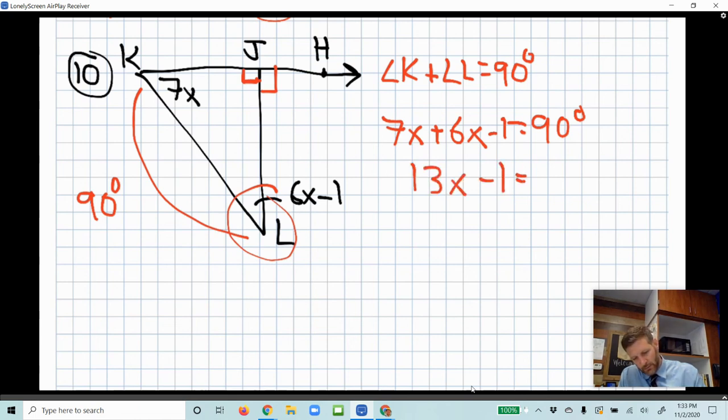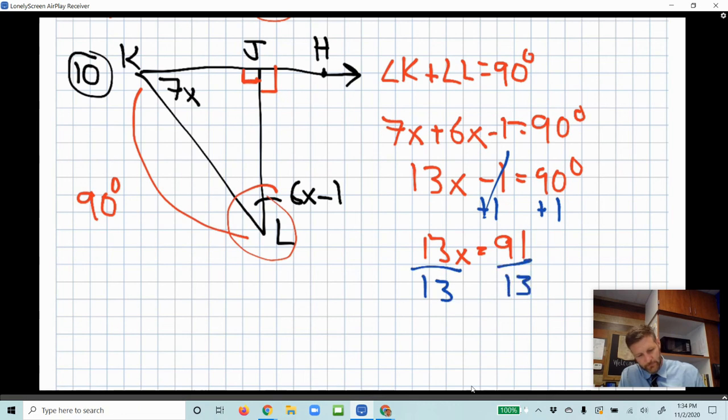Minus 1 equals 90 degrees. Let's go ahead and add our 1. So we get 13x equals 91. Get x by itself, we're going to divide by 13. And so we get x, 91 divided by 13 is x equals 7.